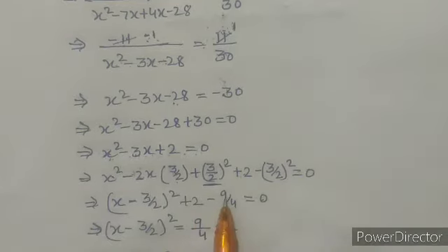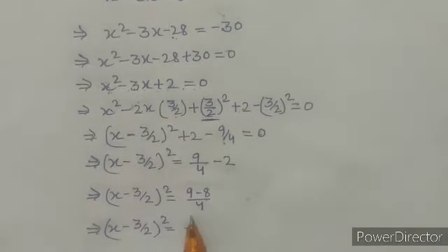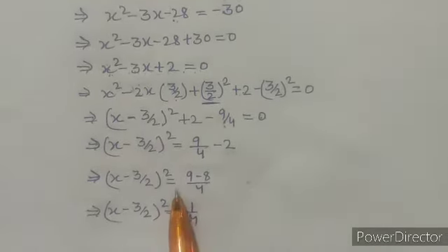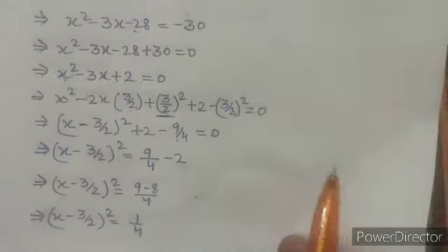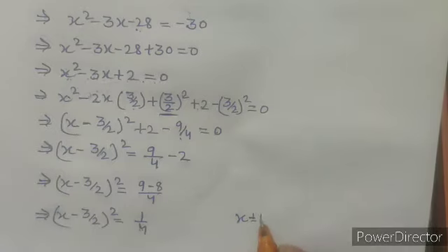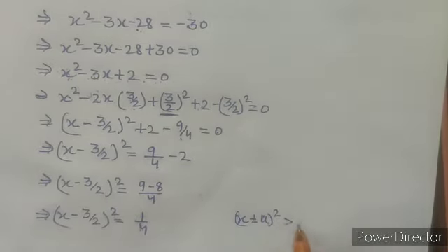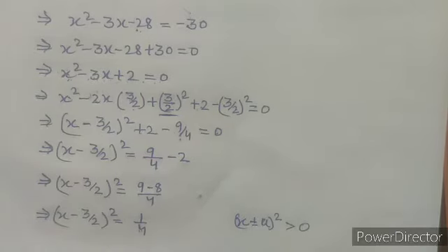Now on taking 2 and 9 by 4 to the right hand side, this will be 9 by 4 minus 2, and this will give us 1 by 4. Now as this 1 by 4 is positive, we can say that if the quadratic equation is in the form of x plus or minus a whole square greater than 0, then the given quadratic equation has two real and distinct roots.